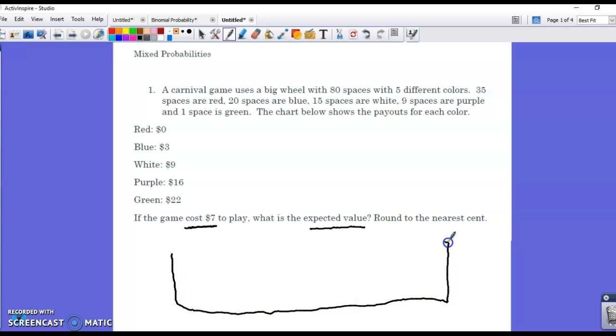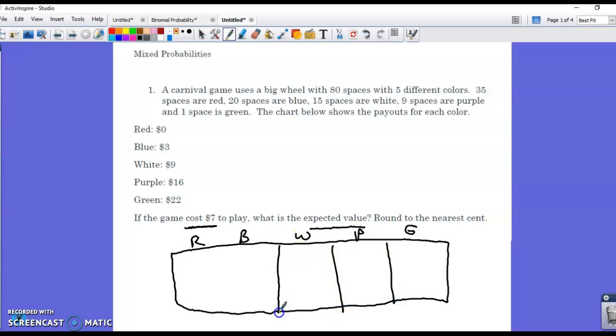You have red, blue, white, purple, green. So your chart needs two things: the value, so we're going with these values. Red is 0, blue is $3, white you win 9, 16, and 22.